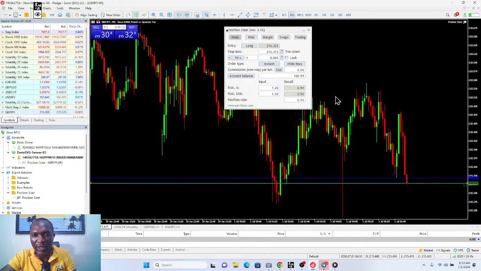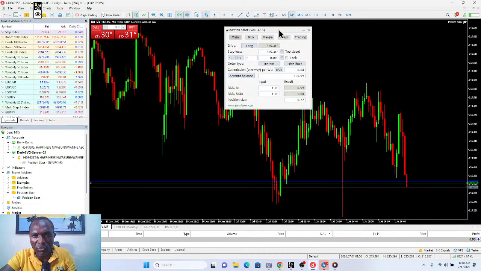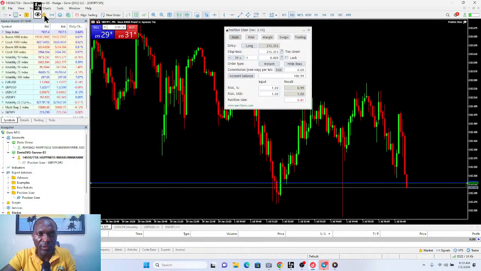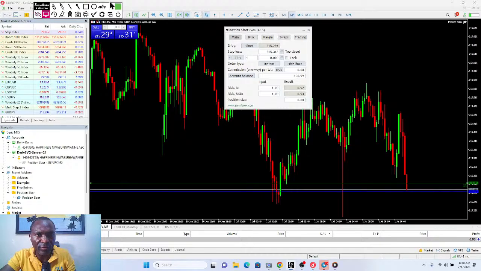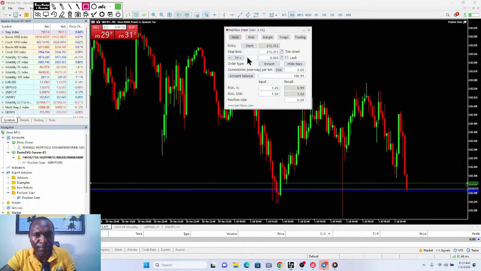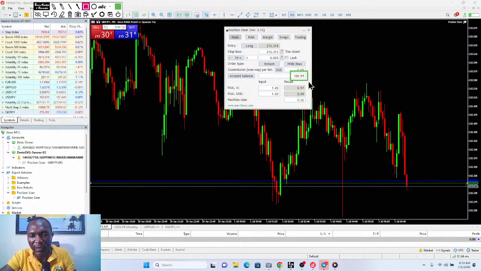If you look at this closely, you will see your account size here, $100.99. If we are going to go long, you see it; if you are going to go short, you change it just like that. Then you can see the risk, what you want to risk.